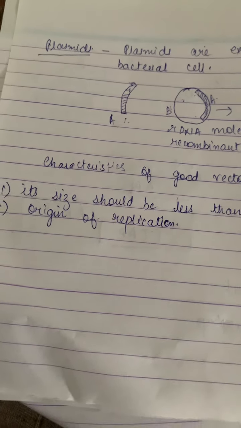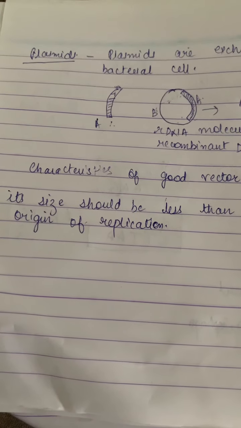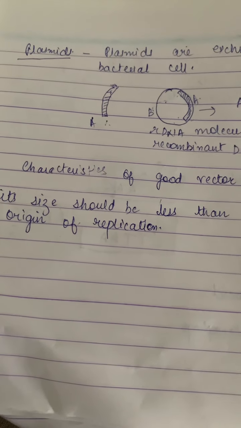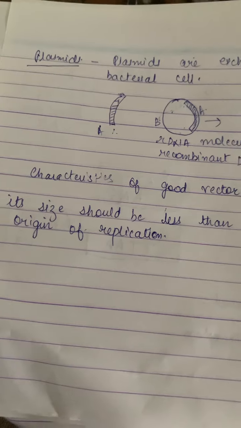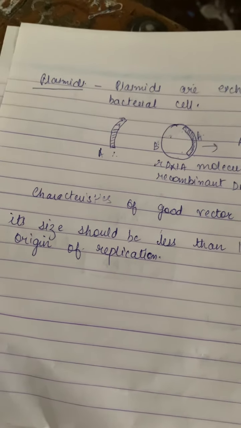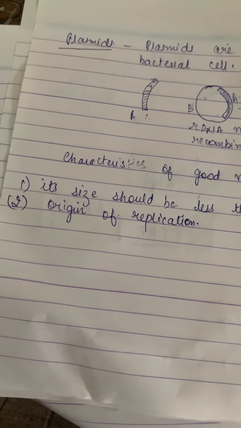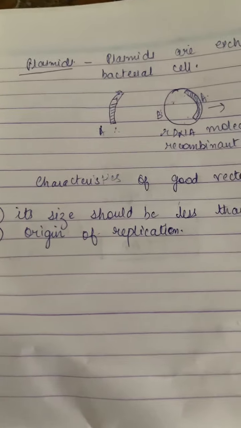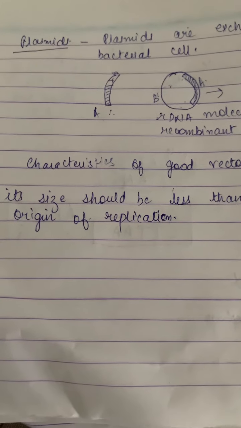I mean to say, it is the point from where it will be able to multiply within the cell. So it should be able to replicate, so that the foreign DNA introduced into the vector will also replicate during this process.